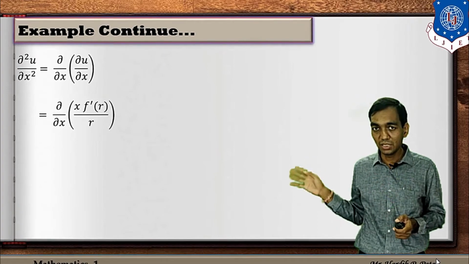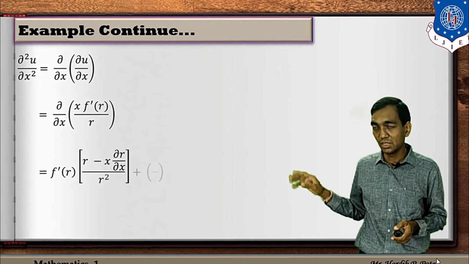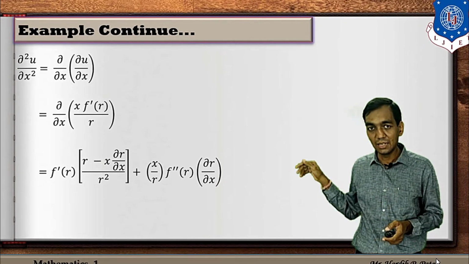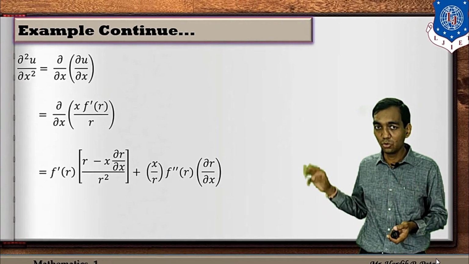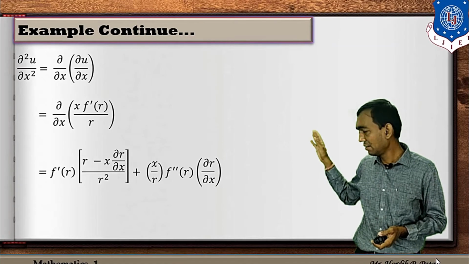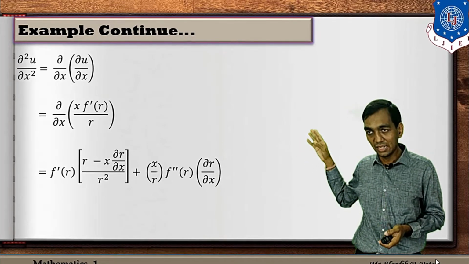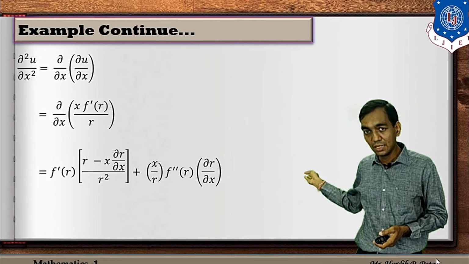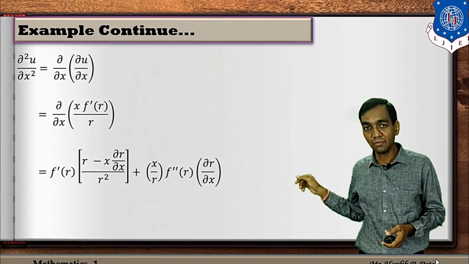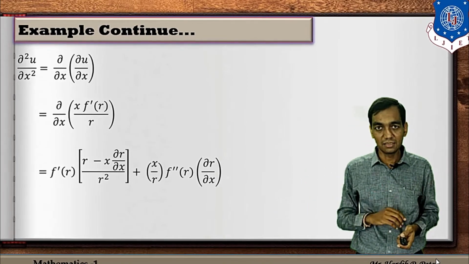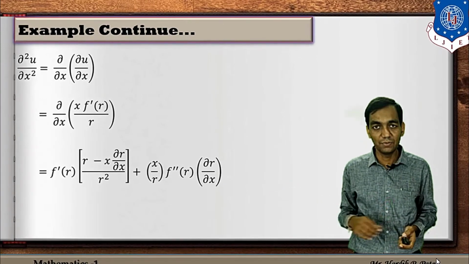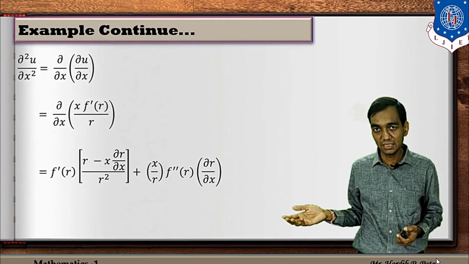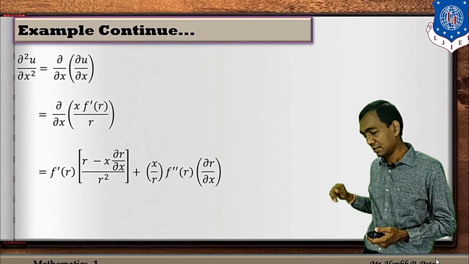Applying the multiplication rule, we take f dash r as it is and the derivative of x by r with respect to x, using the u by v rule. So r as it is, derivative of x is 1, minus x as it is, derivative of r is del r by del x, divided by r square, plus x by r as it is and the derivative of f dash r, which is f double dash r into del r by del x.